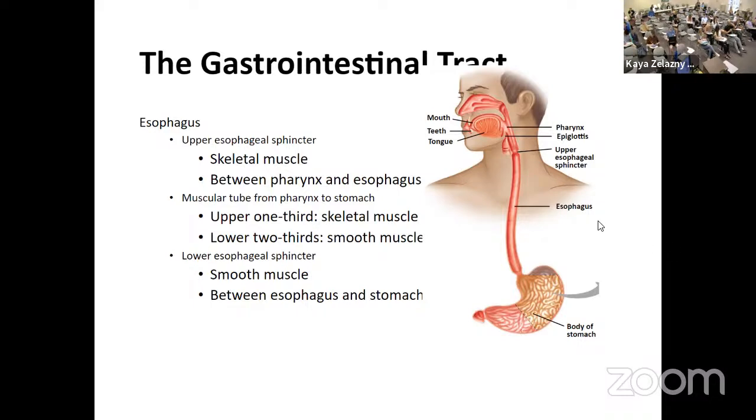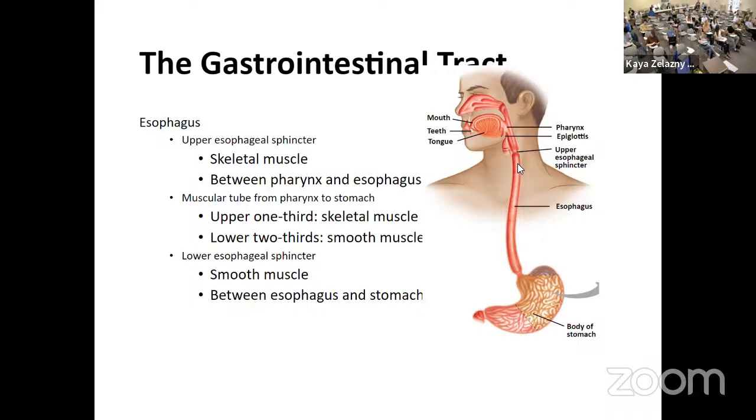Then the lower two thirds are going to be made up of smooth muscle, which is going to be under involuntary control. Right? Those are two types of muscle we've distinguished in this class: skeletal muscle, smooth muscle, and our third type was cardiac muscle. Right? So the skeletal muscle is the voluntary one, the other two involuntary.